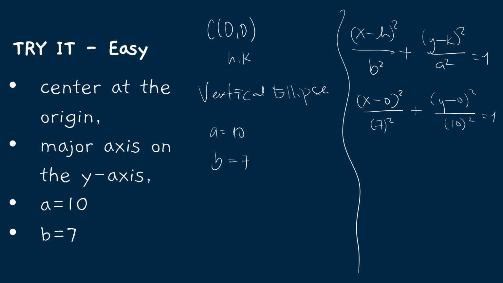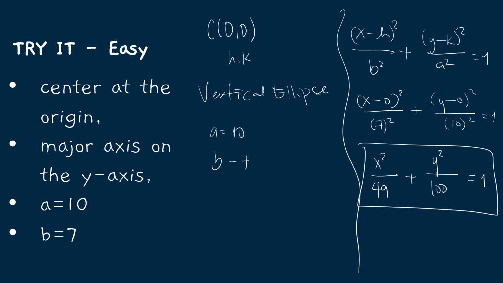So x minus 0 is x squared, 7 squared is 49, then y minus 0 is y squared, and 10 squared is 100, equal to 1. So therefore, this is your final answer for example number 2, the easy part of our ellipse equation.